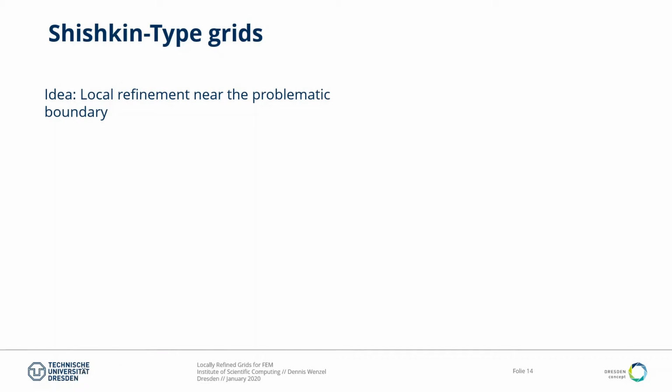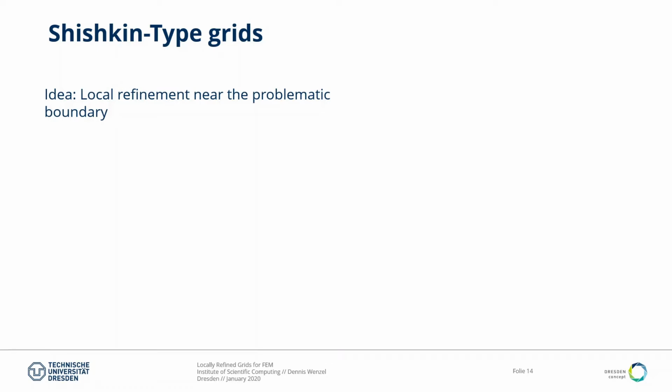The idea when we talk about this, and I've already hinted at this, is that we're doing a local refinement near the problematic boundary. So we leave the grid as coarse as it is, close to the original regular boundary, and we do a local refinement near the problematic one. And that idea is called Shishkin-type.